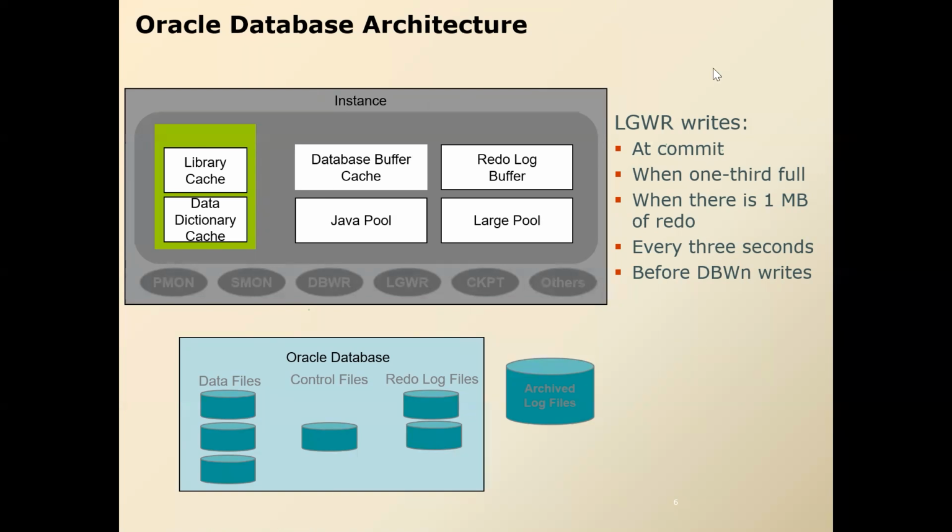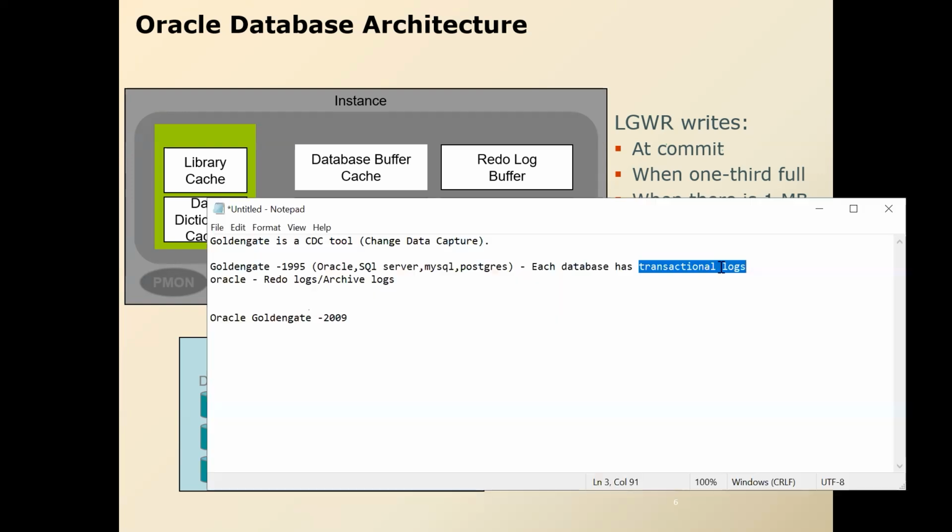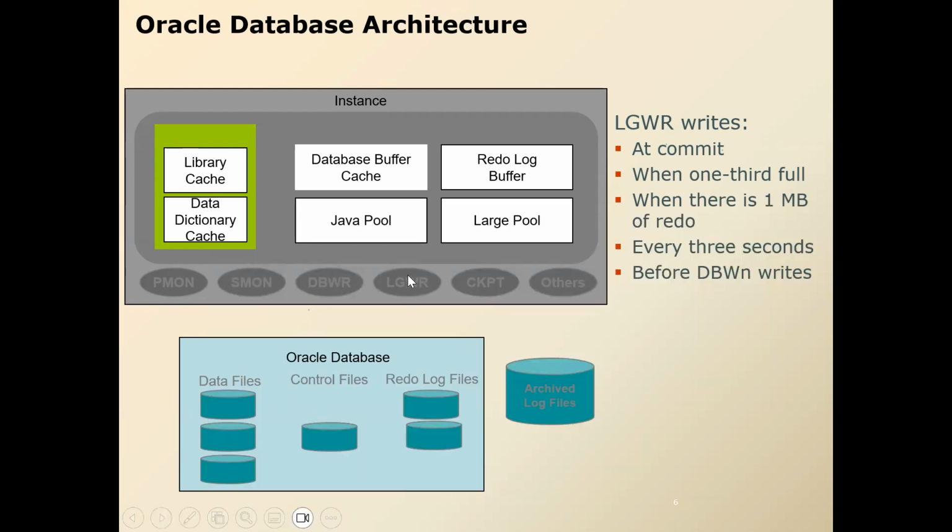The instance is again divided into two parts, which are memory components and background processes, right? Now, Oracle database files are the files. Basically, the Oracle database contains the files which are data files.